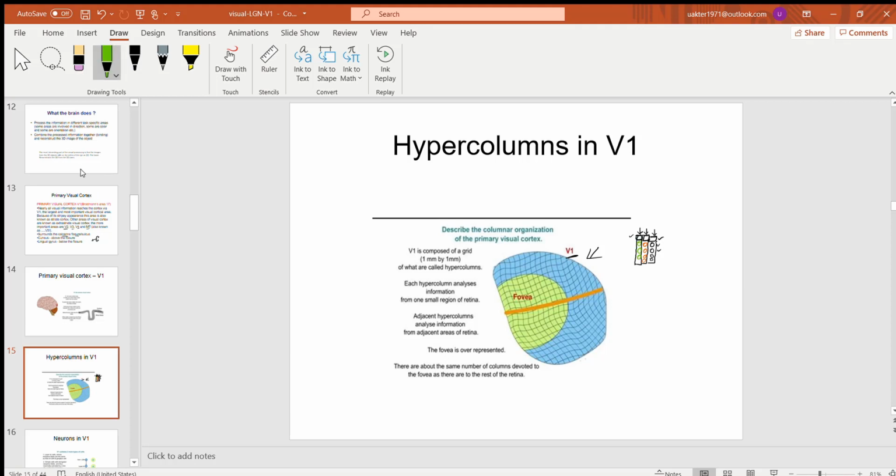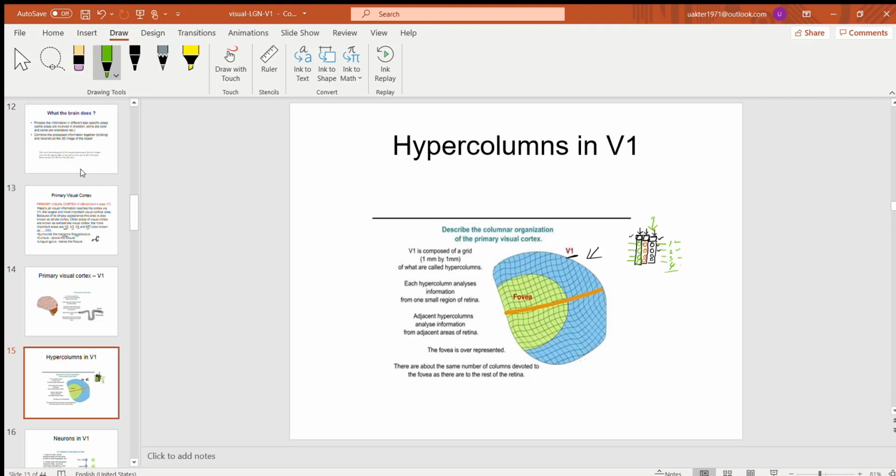So if I insert an electrode perpendicularly and record from neurons 1, 2, 3, 4, they will show similar response properties. If I record from these 4, they will be different from these 4, but these 4 will be similar to each other.